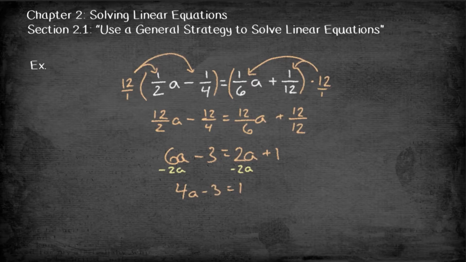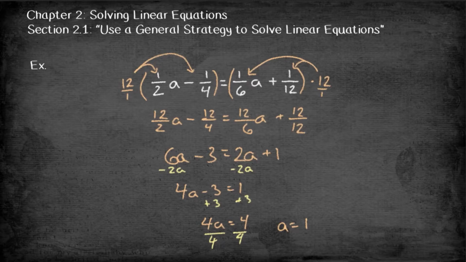And then collect the constants on the other side. Do that by adding 3 to both sides. So we have 4a equals 4. And upon dividing both sides by 4, we end up with a equals 1.